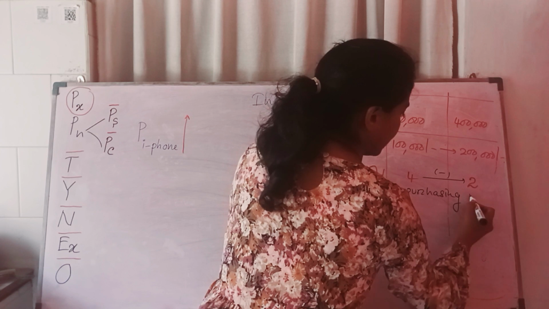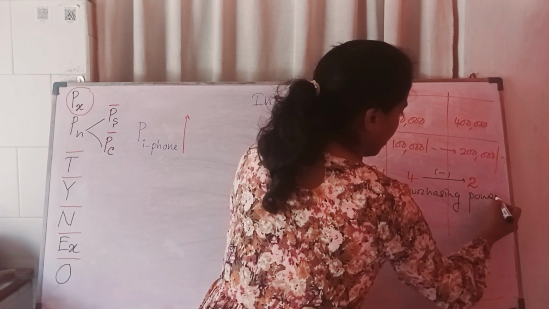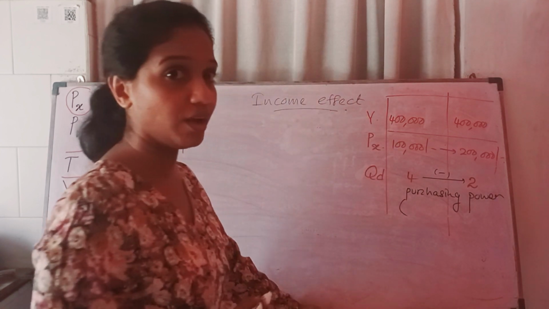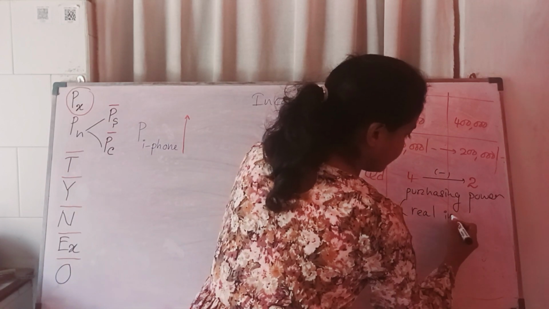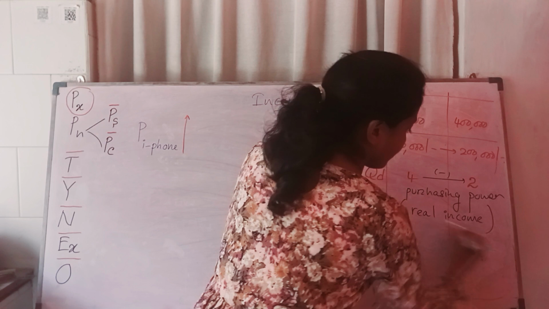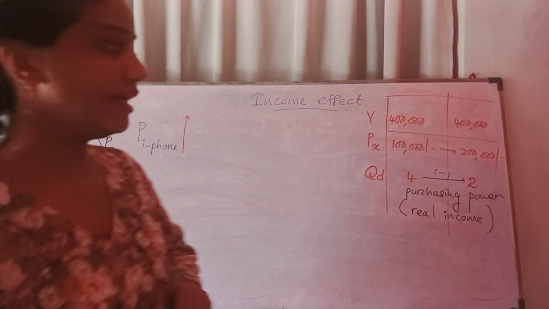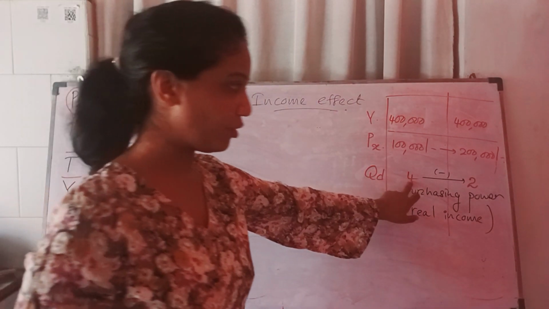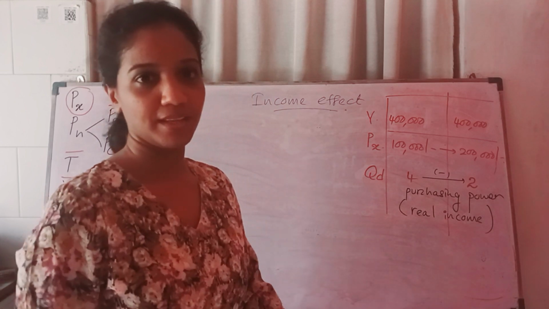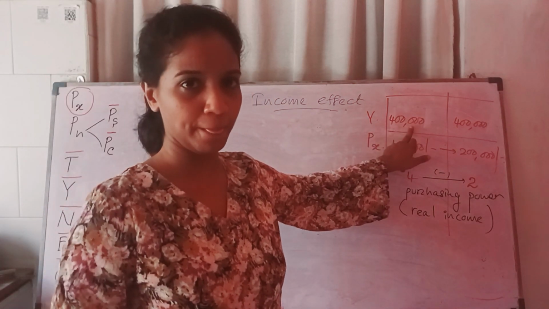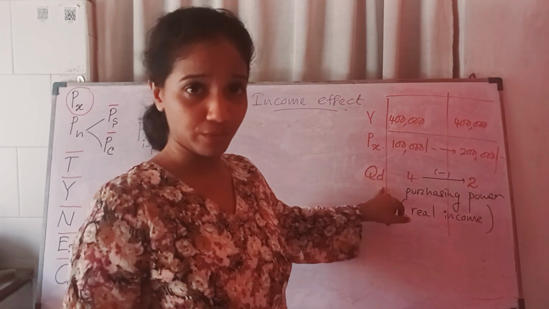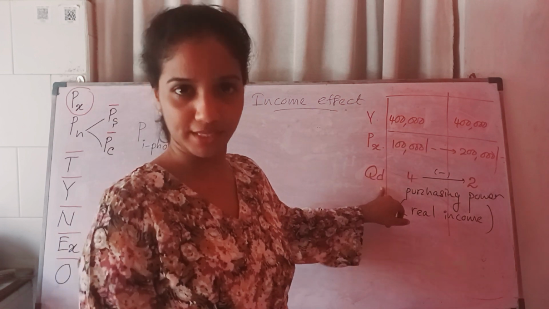This is the meaning of purchasing power. Or we are giving a name called the real income of the consumer. It reduces from 4 to 2. Purchasing power කියන්නේ ඔයාගේ nominal income එකෙන් ඔයාට iPhones කීයක් ගන්න පුළුවන්ද?